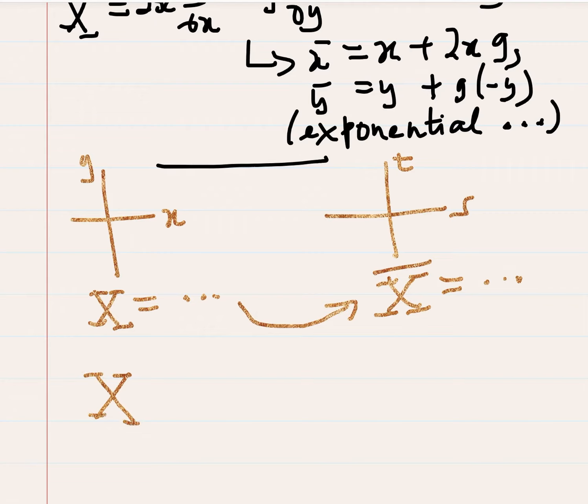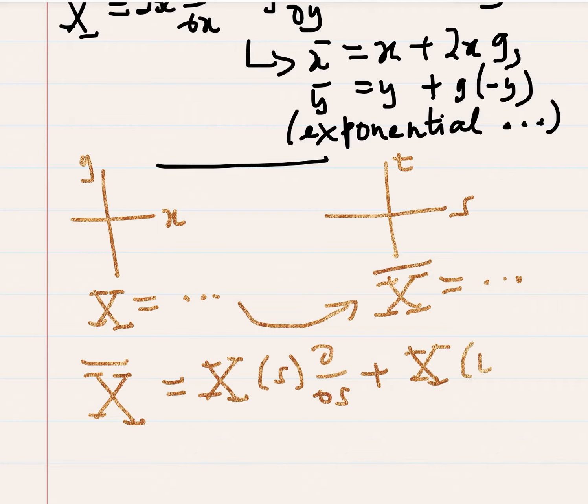It turns out that we can write X bar as the vector field X on s, d by ds, plus the vector field X on t, d by dt.